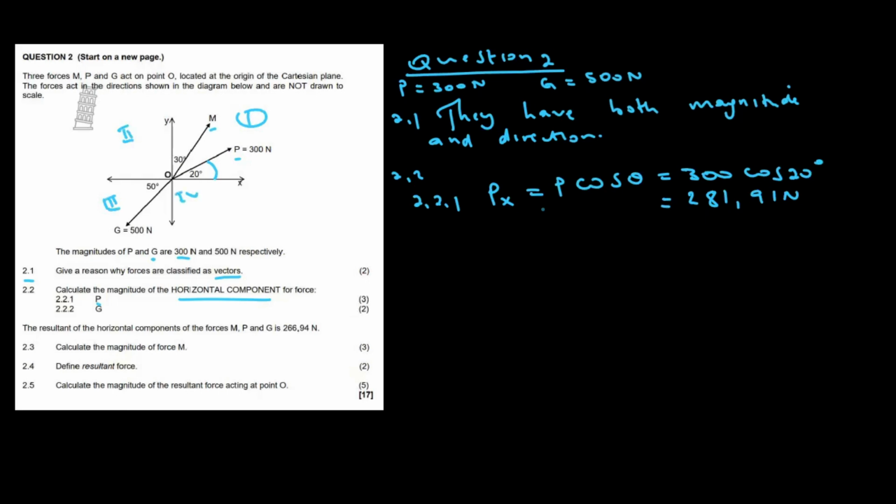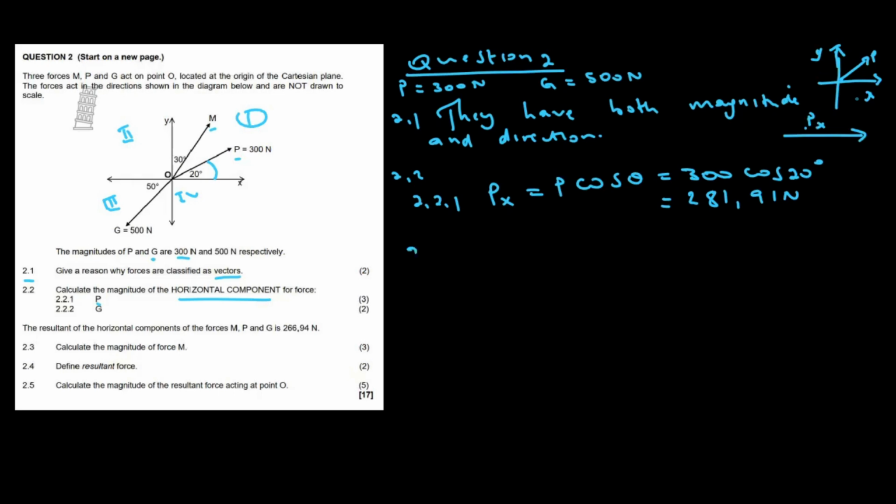In the first quadrant, where P is, Y is upwards and X is to the right. So if we're looking for P in X, the direction is going to be to the right.